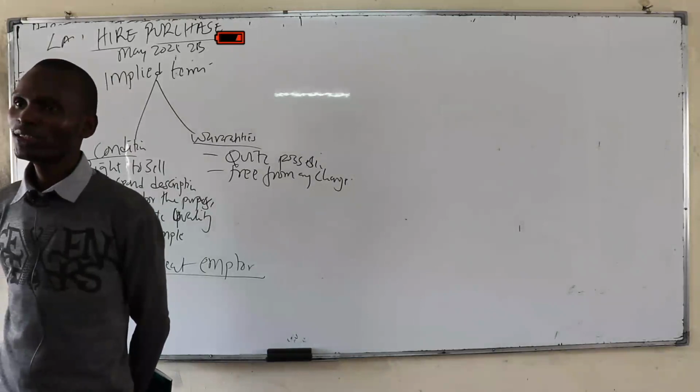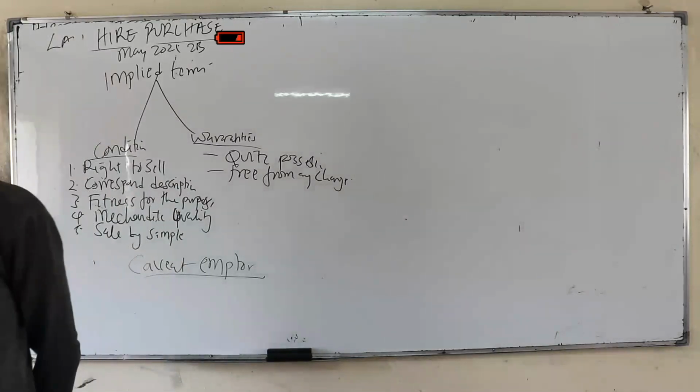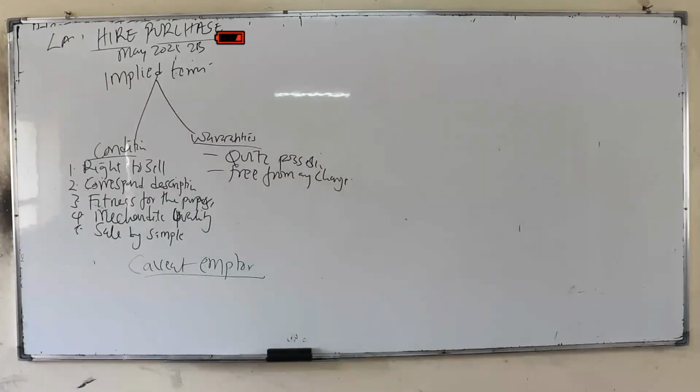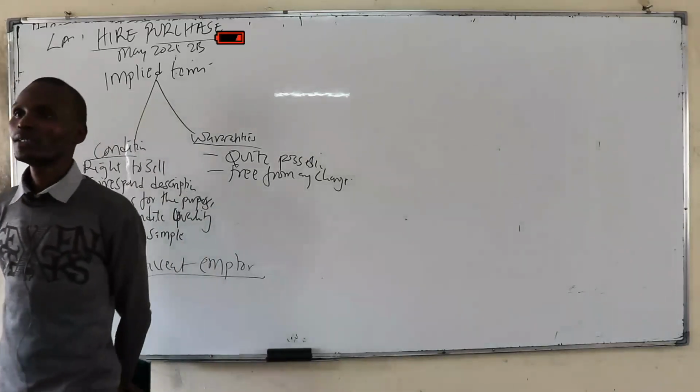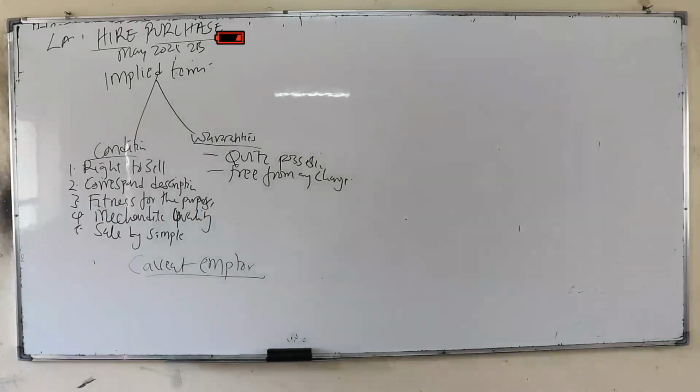What is the legal principle applicable there? Offer, counter offer. Counter offer. Can you give me types of offer? Let us start from the back. Types of offer. Number one is counter offer. Number two. Number two type of offer.